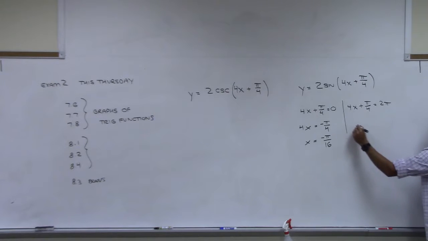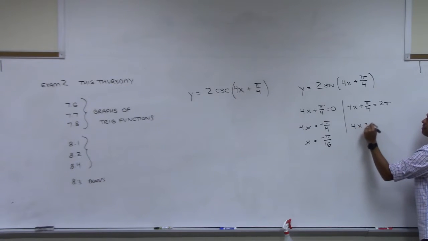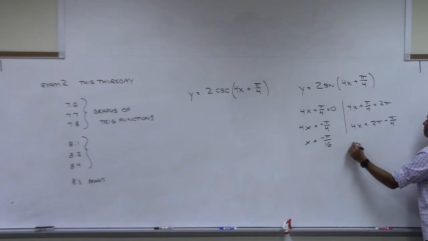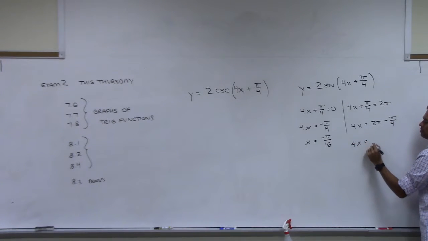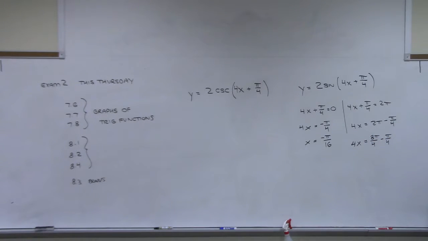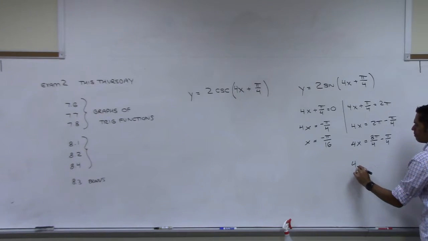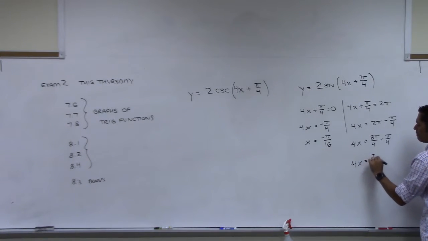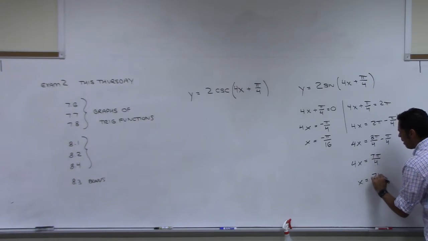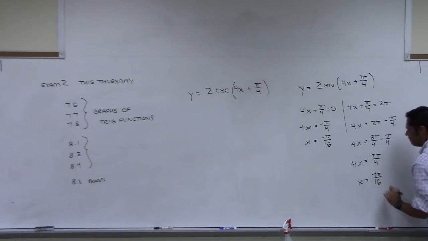This one's a little more involved. 4x is 2 pi minus pi over 4, a common denominator, 7 pi over 4. Dividing through by 4, x is equal to 7 pi over 16.